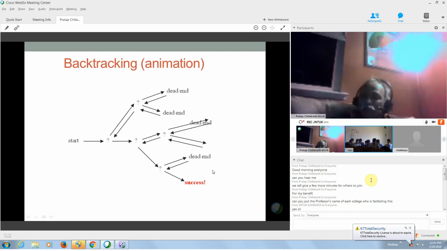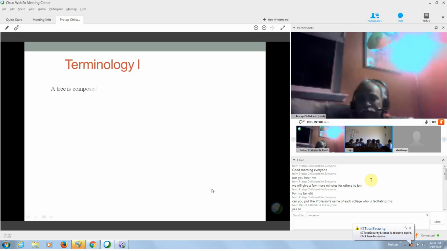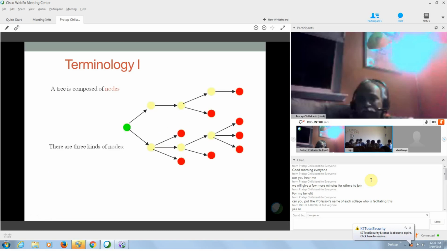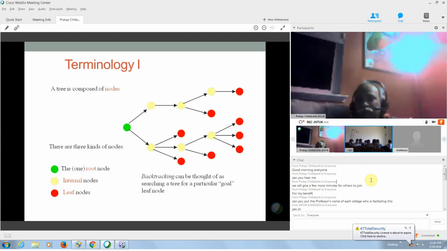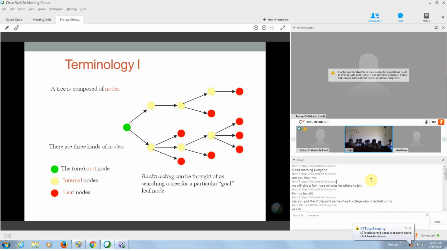The goal is to come to this success node ultimately. So you're converting the problem into a tree structure, and we navigate the tree. Whenever you reach a dead end, you backtrack to the immediate node from which you came, and then explore the other subtree from there.